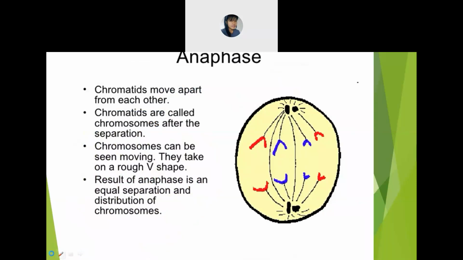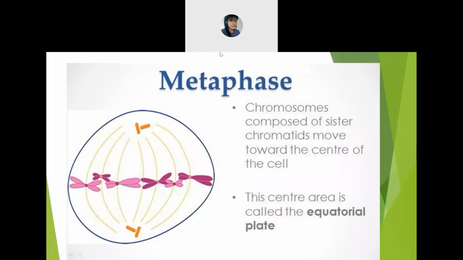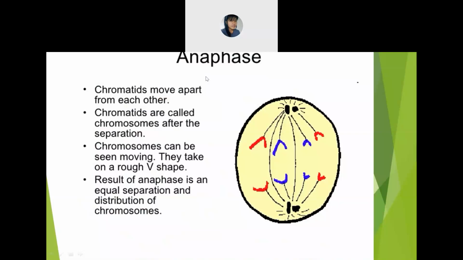You see here in the metaphase, they were together. But in the anaphase, you will find that they will move away from each other. I mean, they will try to separate from each other. And the structure will appear as V-shape.